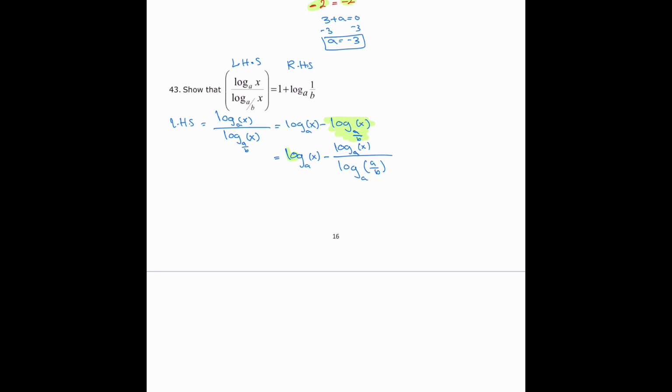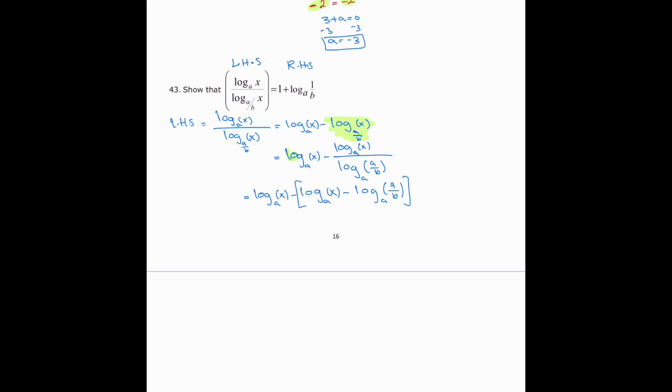Now I can turn that into a subtraction of logs, so it's going to be log base a of x minus log base a of x minus log base a of a over b.